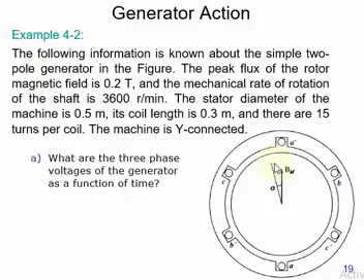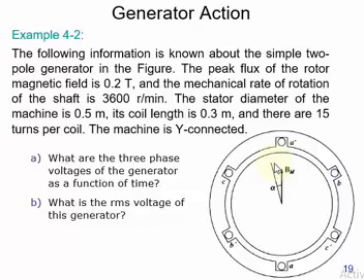In part A, we will find the three-phase voltages of the generator as a function of time. It means that in the first voltage we will have sin ωt, in the second voltage a phase difference of 120 degrees, and in the third case a phase difference of 240 degrees with respect to the first loop.